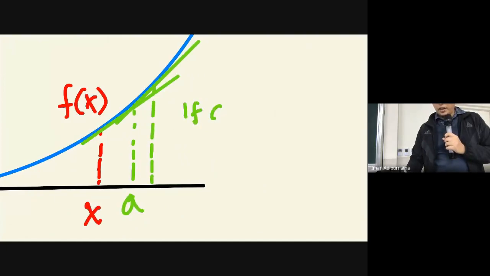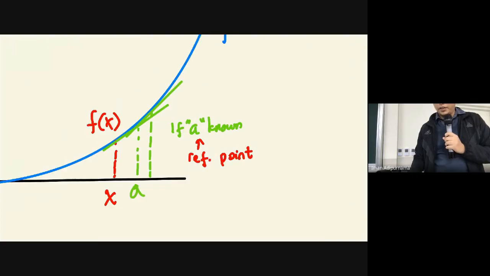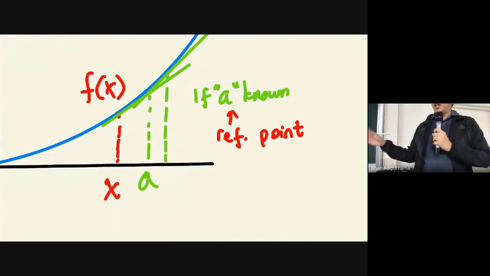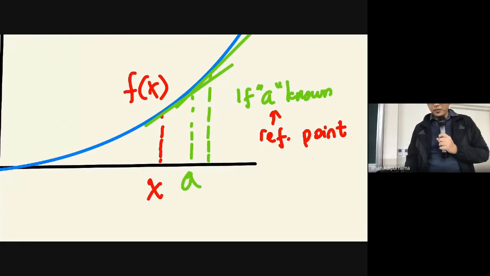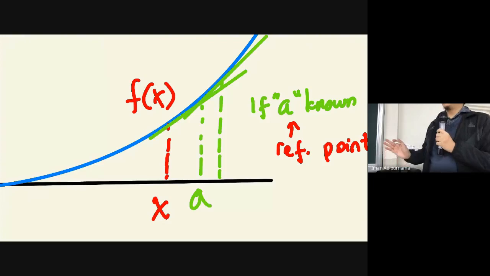If a is known, or this is our reference point, meaning a is an easy number that we can calculate, then we can see that the curve and the tangent line at the close point from x to a is similar.